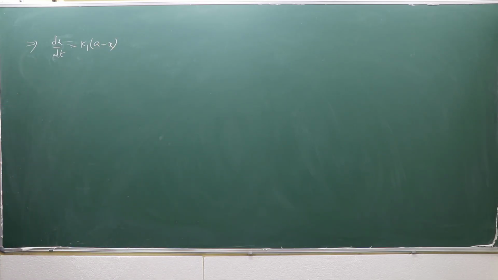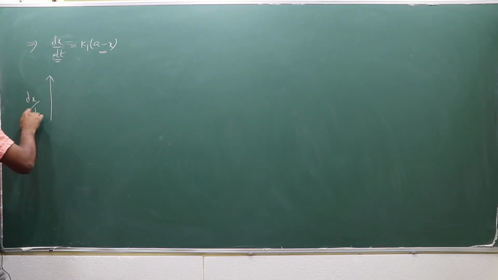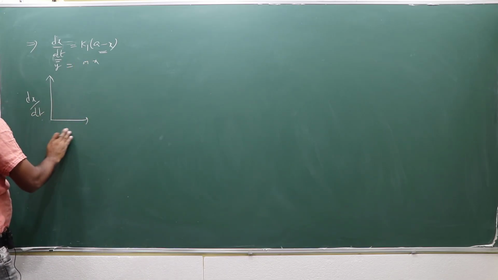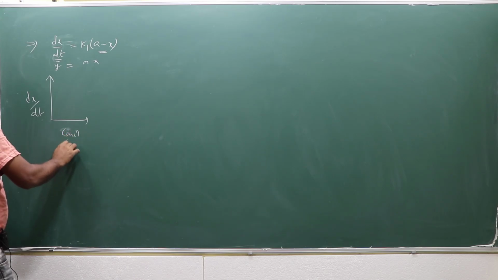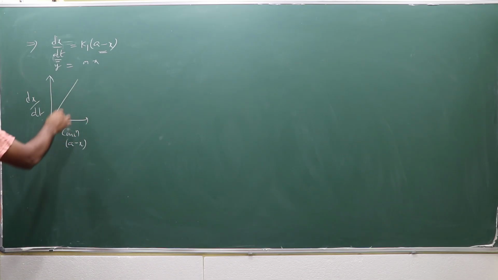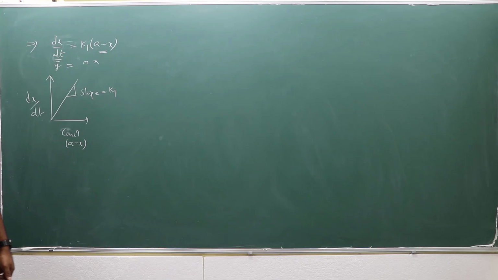Based on this, if the plot is between dx by dt and A minus X, the concentration of reactant left, y is equal to mx type graph. So the slope is equal to K1, the rate constant K1.